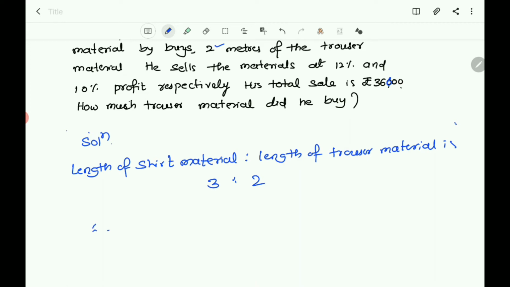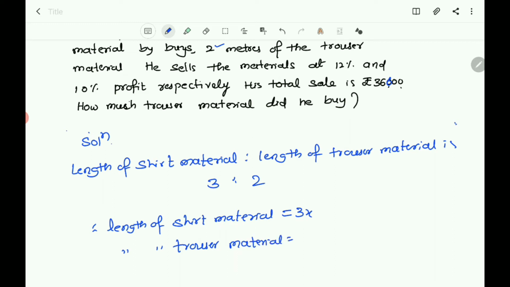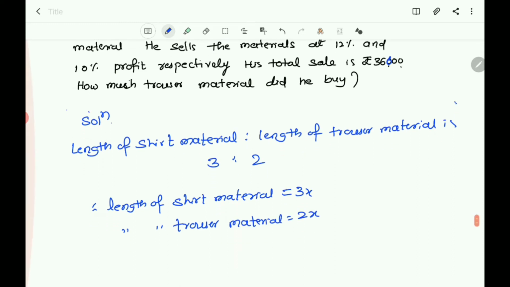Therefore length of shirt material equals 3x and length of trouser material equals 2x.